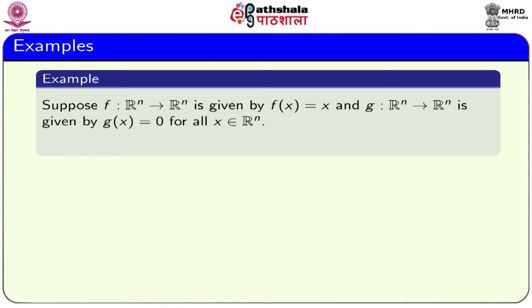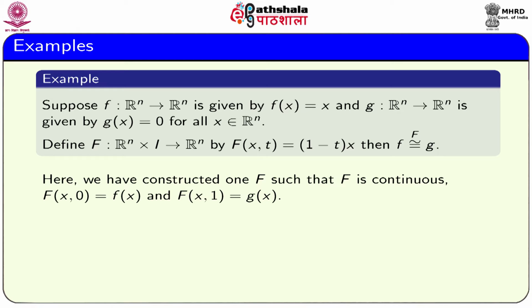Now, let us take one example. Suppose f is a function from Rn to Rn which takes any x to the same x. That means it is the identity function. And we take another function g from Rn to Rn which takes all the points of Rn and maps it to a single point 0 in Rn. That means it is the constant function 0.